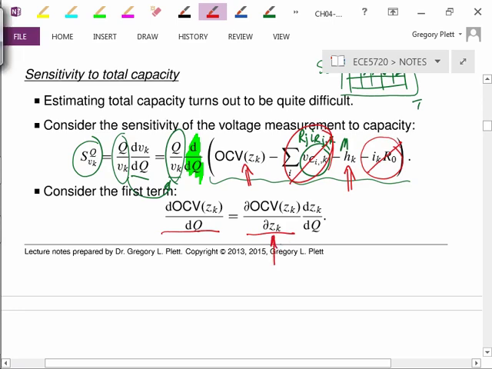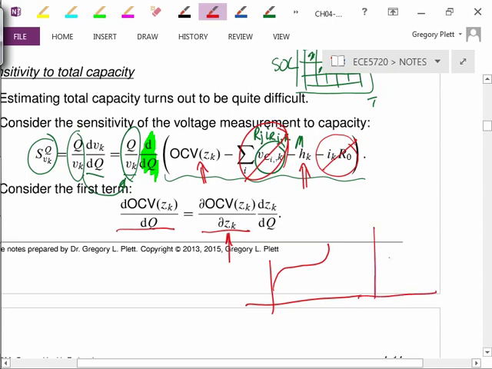This says if I change SOC only and leave everything else fixed, how does OCV change? So we look at our OCV versus SOC figure. It looks like that. And then we look at the derivative of that, which usually looks something like this. So this is dOCV by dSOC partial, and this is SOC.